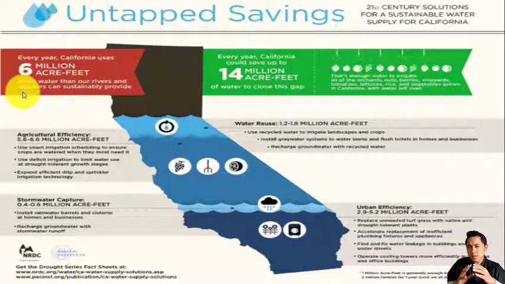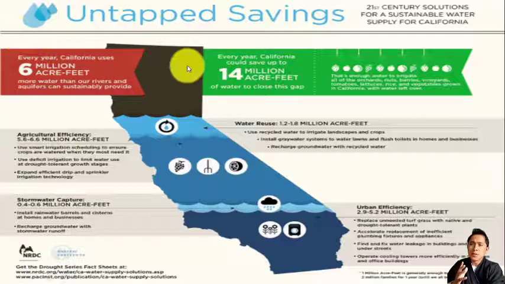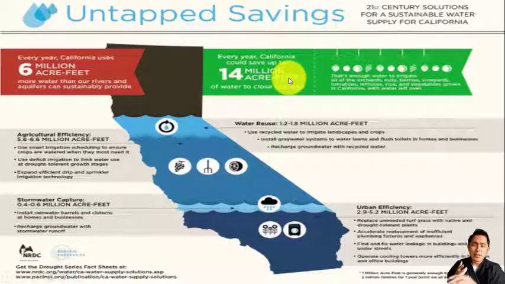But if they look at management regimes from a demand management perspective, like demanding less water and using efficient technologies and methods to reduce the consumption and usage of water, then in California itself they can save up to around 14 million acre feet of water.